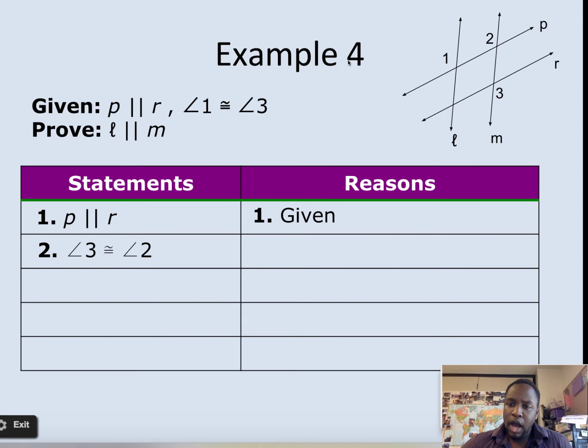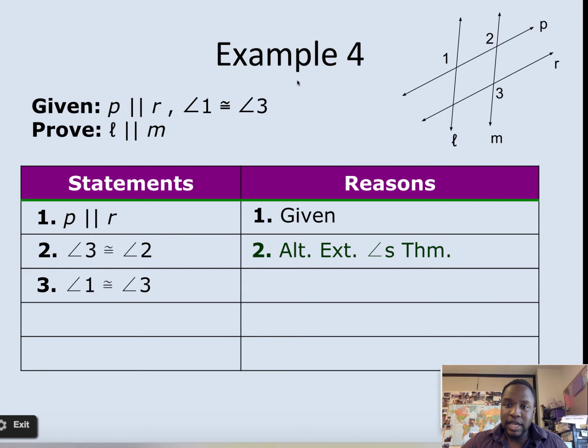And so we can say that angle 3 and angle 2 are congruent by the alternate exterior angles theorem. Oh, sorry, not the converse, because we know that the lines are parallel and we're finding the angles, so therefore it's simply the alternate exterior angles theorem. Then we can say angle 1 and angle 3 are congruent, because that's given to us.